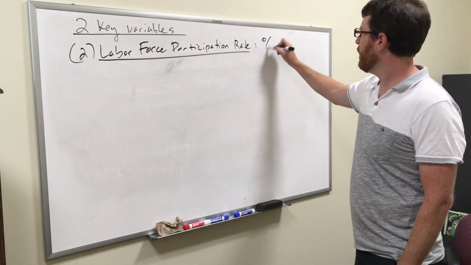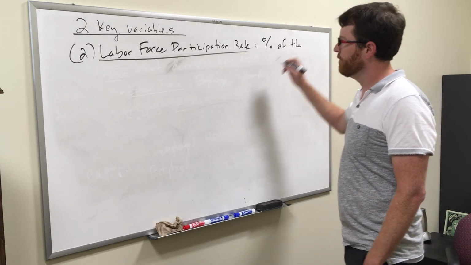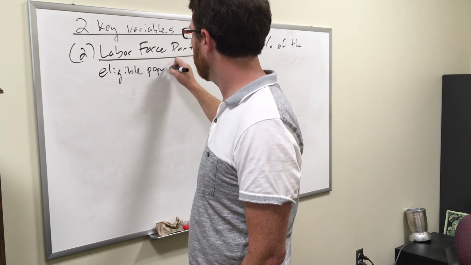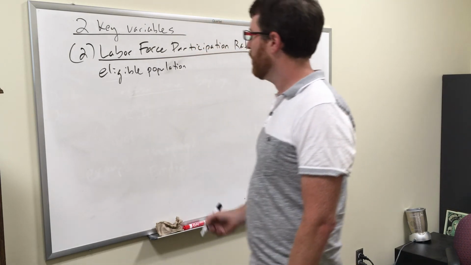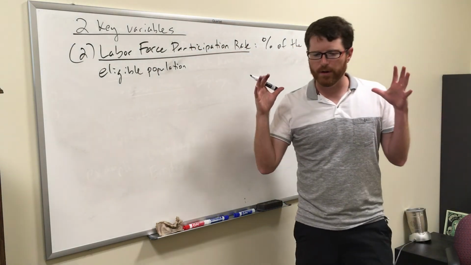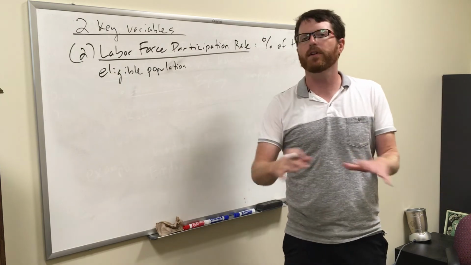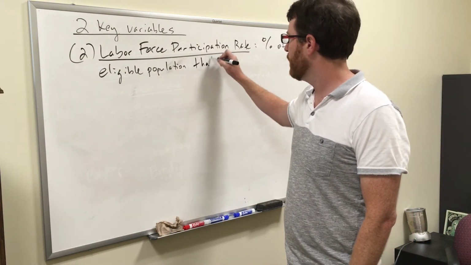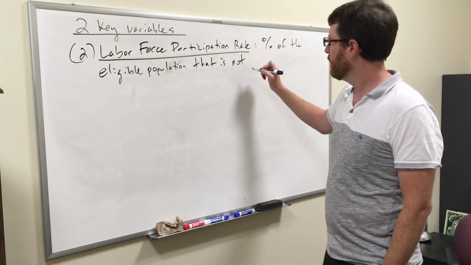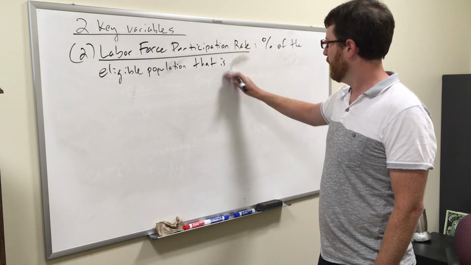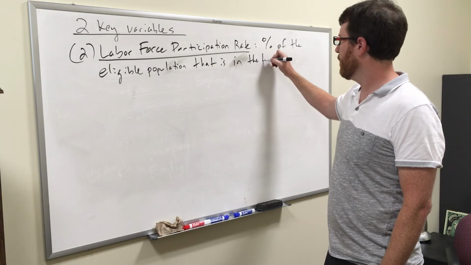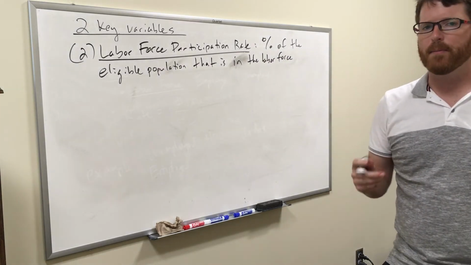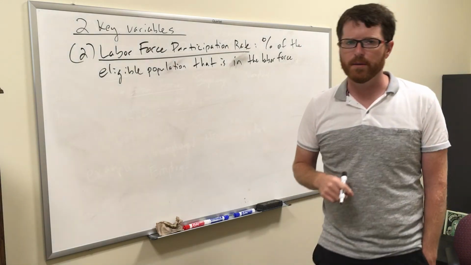And this is the percent of the eligible population, so take that group of people who are 18 to 65, not in prison, not in military, etc. It's the percent of the eligible population that is in the labor force. In other words, the percent of the eligible population that is either employed or unemployed.